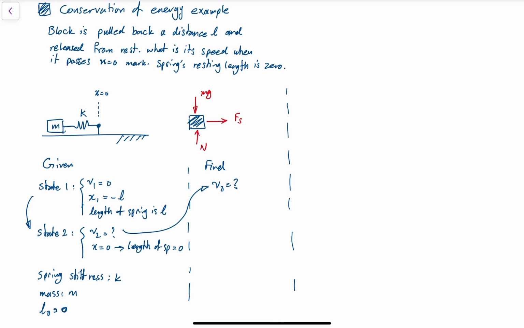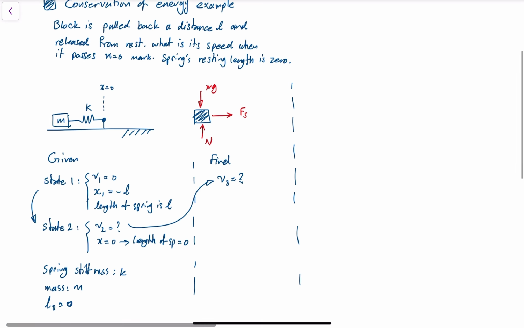And one other thing I note here is that as my motion is along a straight line, the two forces of gravity and normal force do not do any work.